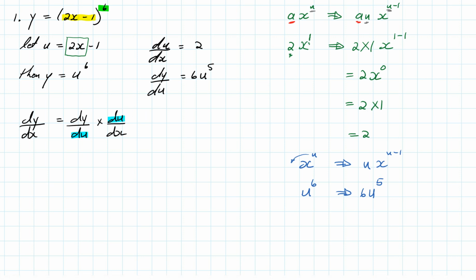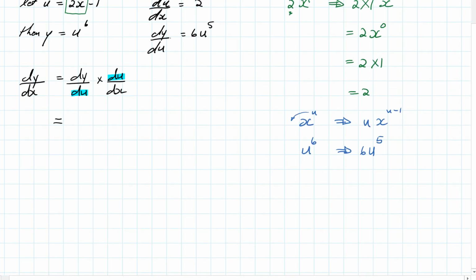It just means that this is legitimate, I can use this. So dy dx is now equal to 6u to the power of 5 times du dx. Du dx is equal to 2. But we want dy dx. We don't want u in our equation here. It would not be right.